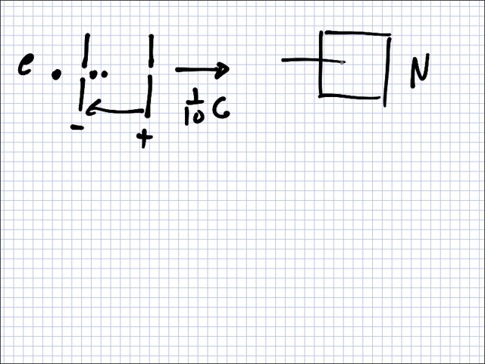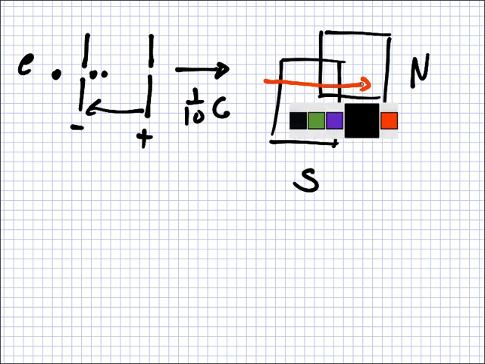North, south. So tell me what will happen when it enters the field here. Well, let's use our left hand. Which way is the current? Left, because it's an electron. Which way is the field? North to south, out of the screen.